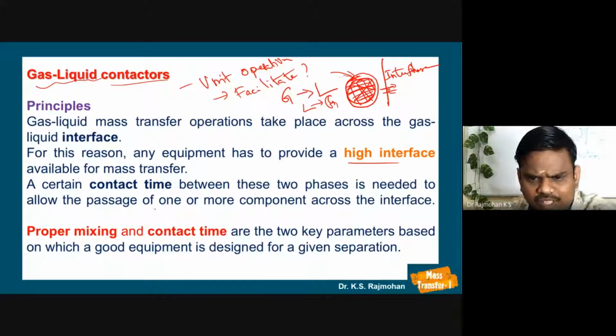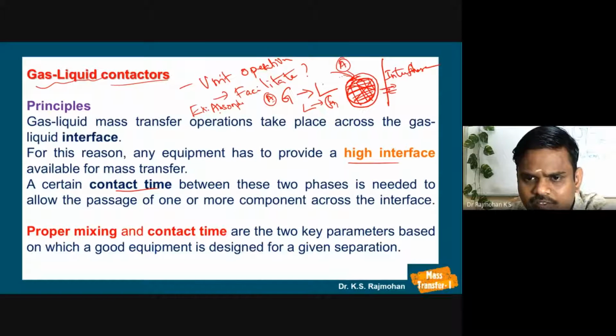And a particular contact time between these two phases is needed to allow one or more components A to diffuse through this interface and get into the other phase, so that the solute A from the gas can go into the liquid. You can say absorption is the example for this. What happens is that one of the solutes from the gas will go into the liquid.